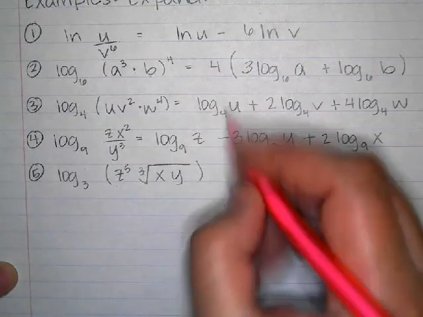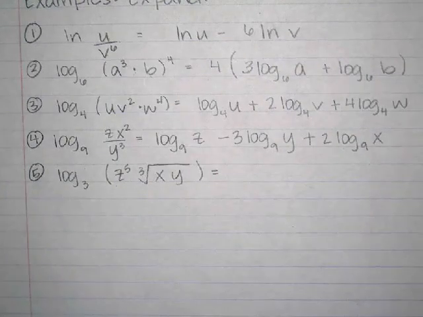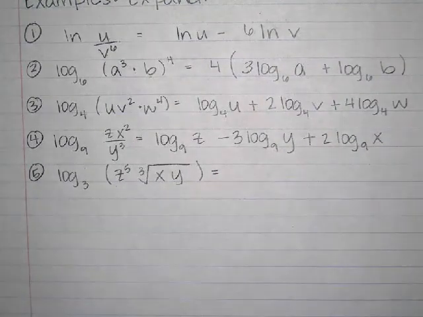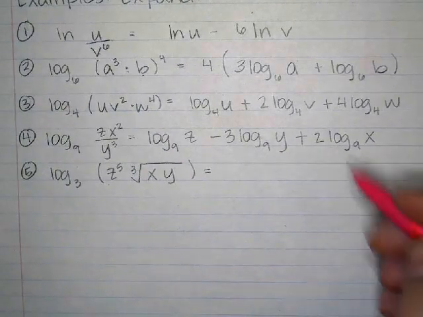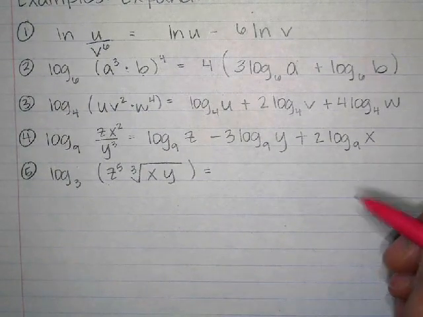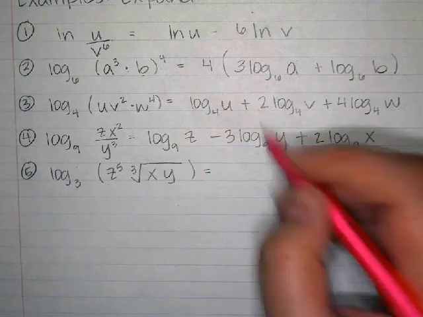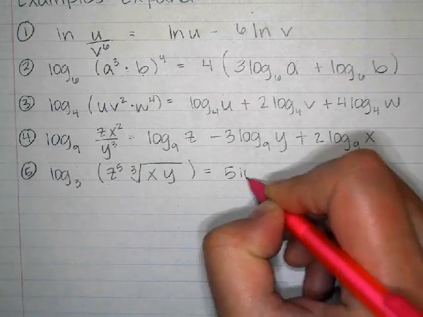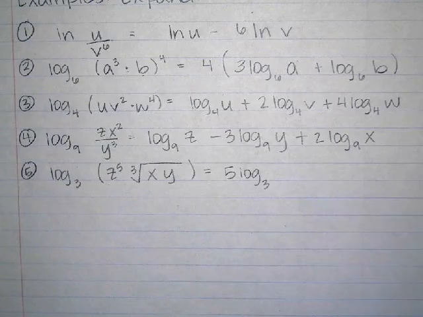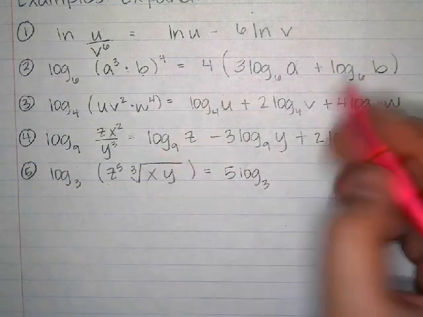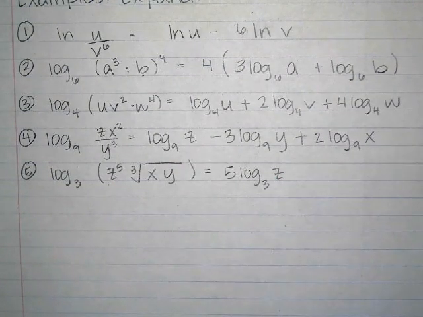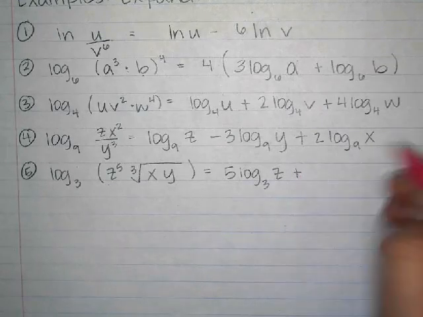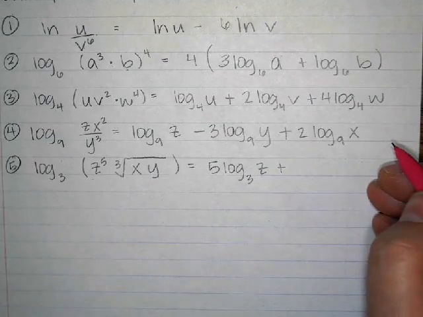Okay, so what should I write first? I'm going to start with the 5. 5 log base 3 z, okay, plus, yeah, what exponent is a third root? Not cubed. You're close. 1/3. It's an exponent of 1/3.